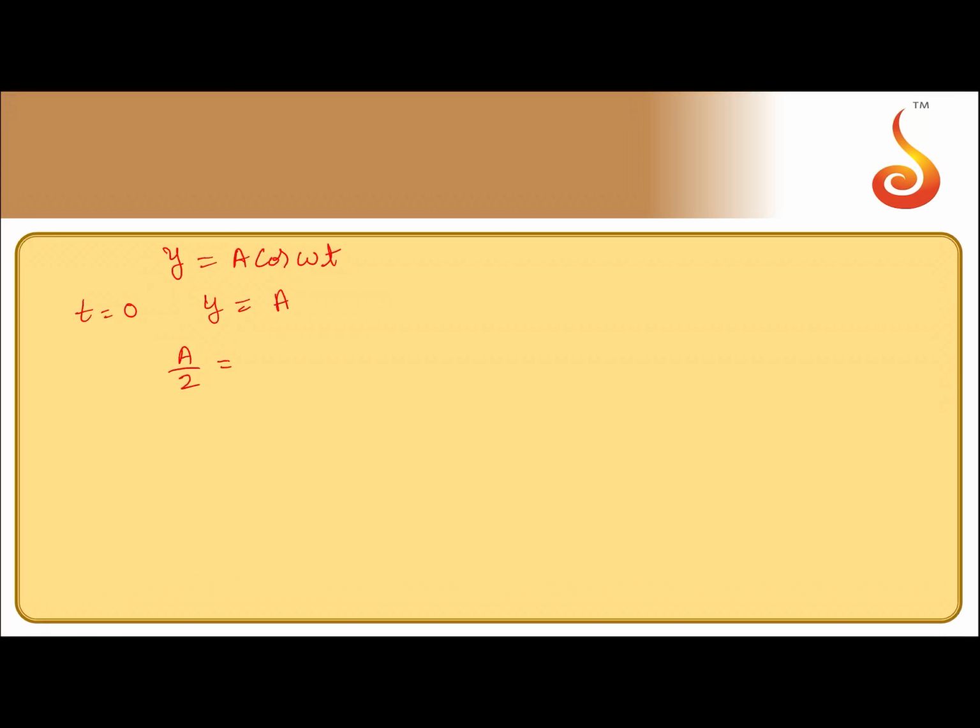If you put A by 2 is equal to A cos omega t, A gets cancelled. Cos omega t is equal to half. So omega t should be 60 degrees, that is pi by 3. So 2 pi by T into t is pi by 3. So pi gets cancelled.